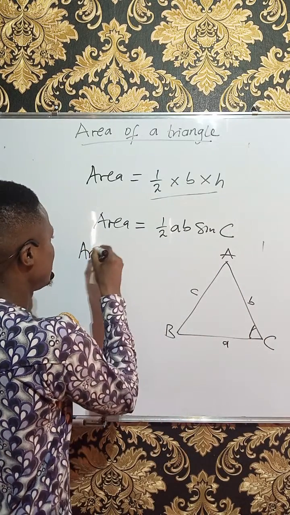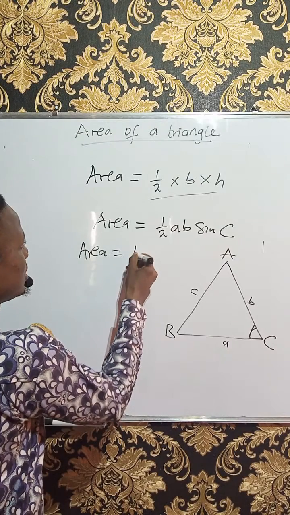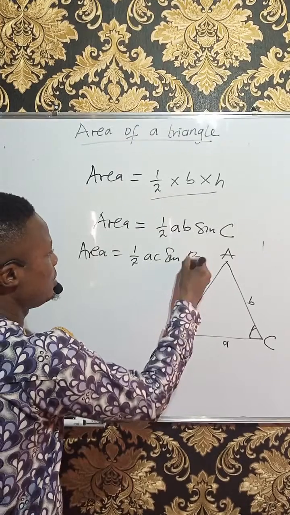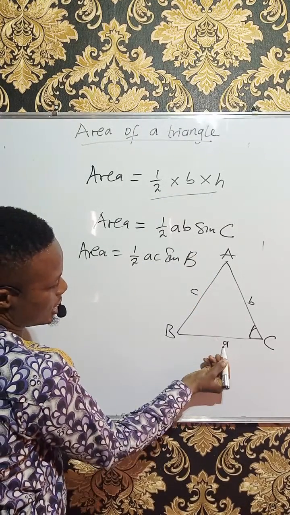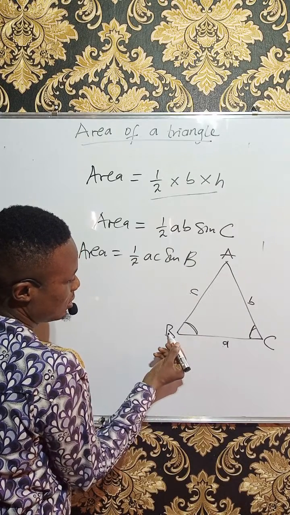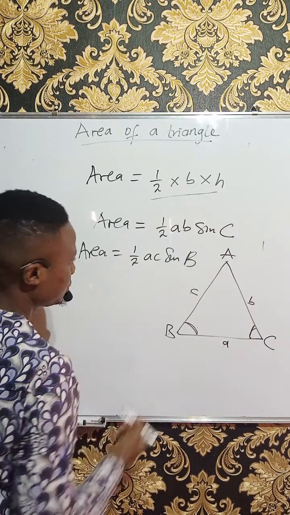Again, area can still be seen as half AC sine B. When I talk about sides a and c, the angle between them is angle B. So you can see the angle here.